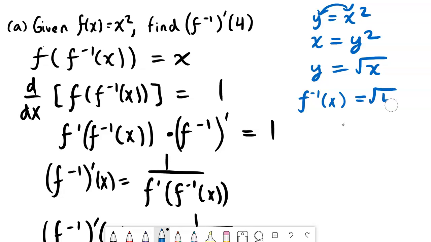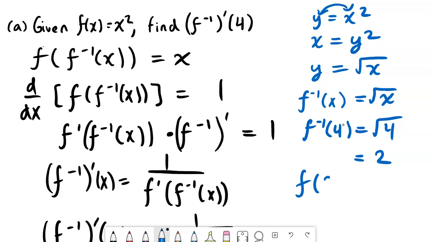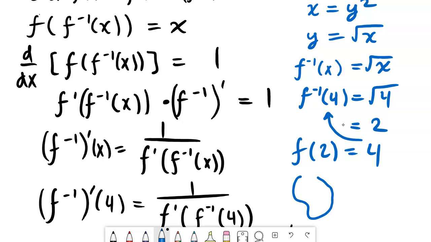Now we can plug in 4 to the inverse function, which is equal to 2. Interestingly, we can check that it works by plugging it into the real function, and we should get exactly what this is. If you want to think of it like a picture, here's f of x, and here's the inverse.